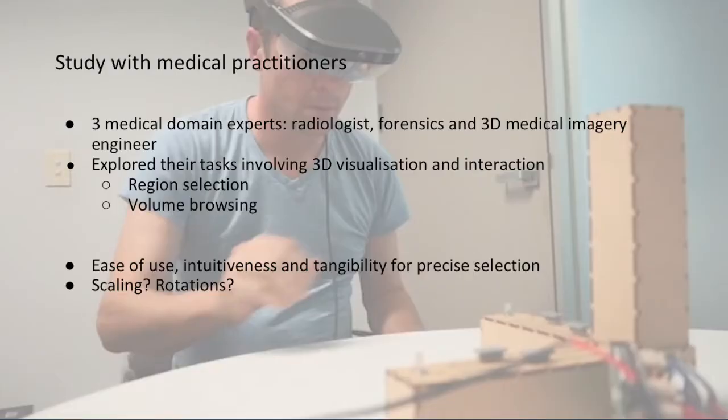We ran a formative study with 3 medical practitioners: a radiologist, a forensics expert, and a 3D medical imagery engineer. In this study, we explored their common tasks involving 3D visualization and interaction, and how embodied axes can support these tasks. We received positive feedback on its ease of use, intuitiveness and tangibility for precise selection.